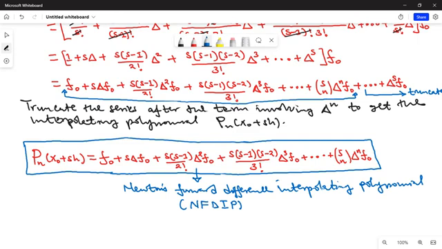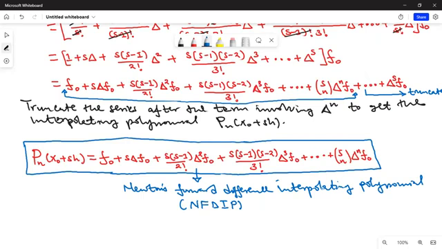Now, I told you because we truncated some terms, there's what we call the truncation error. And how do you get the truncation error? You see, we have truncated from the term s combination n plus 1. We only went up to combination n. So s combination n plus 1 all the way up to s combination s, those are the terms that we have truncated.